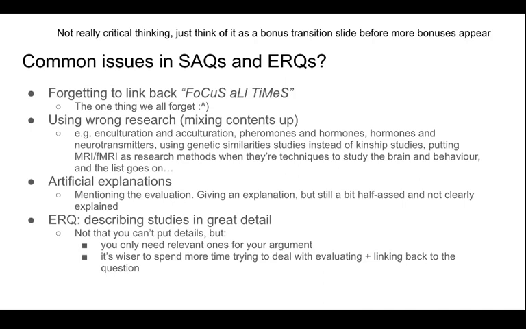Next, we have artificial explanations. Most of the time, this would involve mentioning the critical thinking, mentioning the evaluation, like the strength and limitation, giving a one or two sentence explanation, and then going on to the next evaluation, or going to the next study.